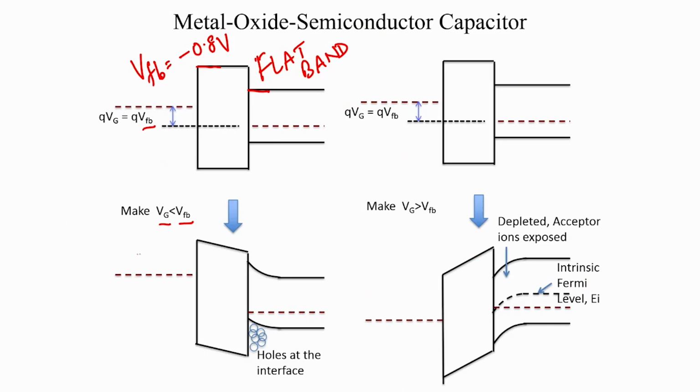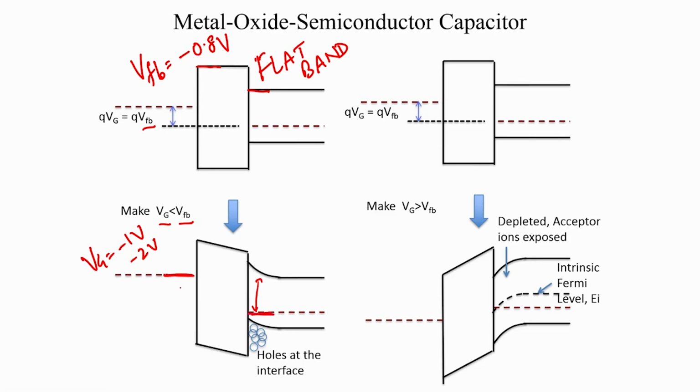And now we are going to make Vg less than VFB. Which means that let us say we start making Vg equal to minus 1 volt and then minus 2 volts, etc. So, what are we doing? We are further increasing this difference between the metal work function and the semiconductor work function.